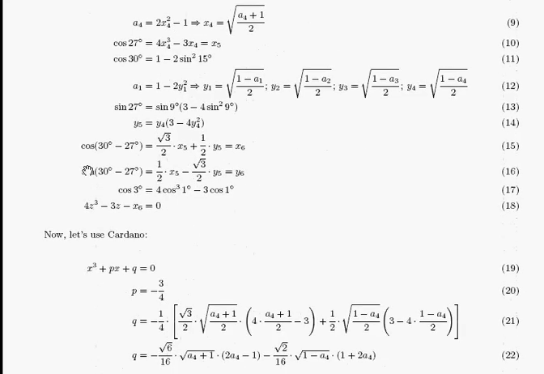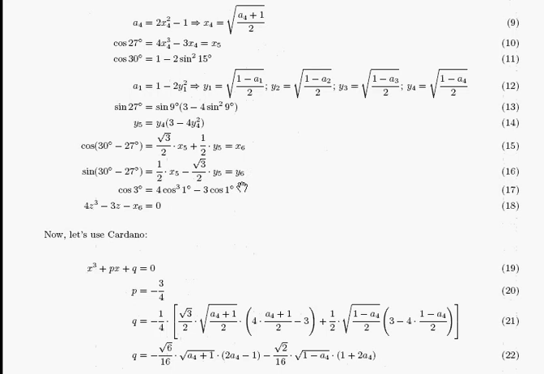Now the cosine of 3. The cosine of 30 minus 27 is cos 30 cos 27 plus sin 30 sin 27. It is x6. The sin of 30 minus 27 is sin 30 cos 27 minus cos 30 sin 27.